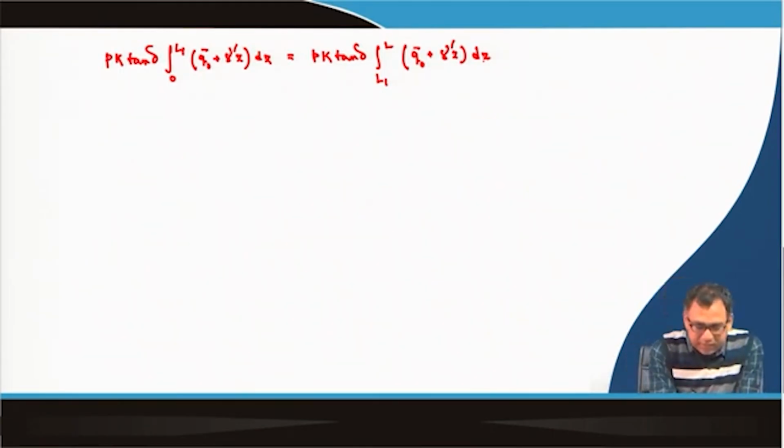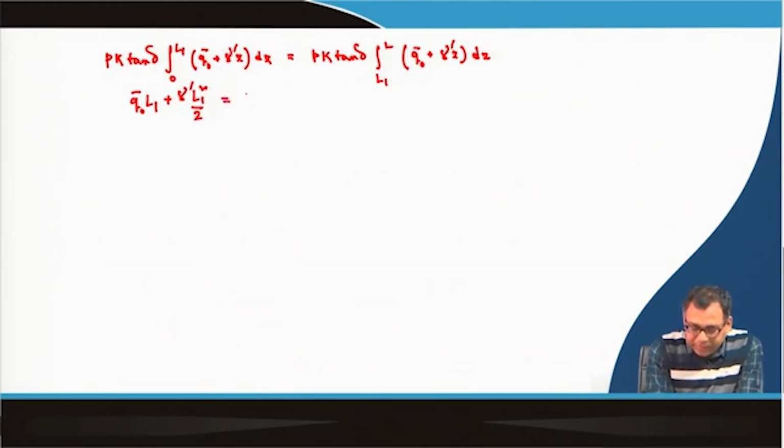So, if I cancel this on both sides, and then we can integrate this. So, this will be q 0 bar, then z, if I put limit L1, then plus gamma dash, this will be L1 square by 2, because it will be z square by 2.